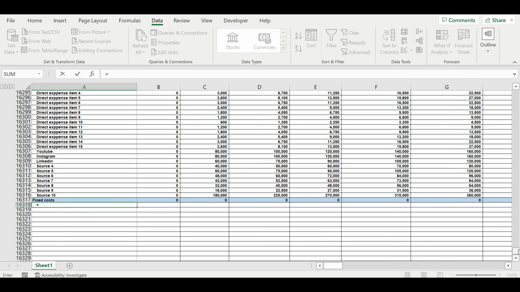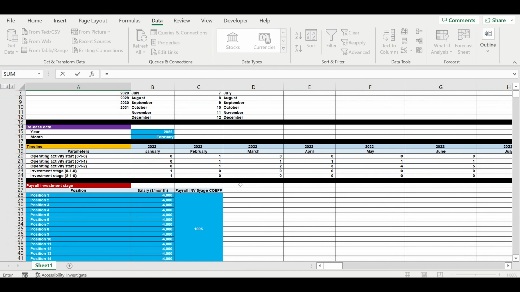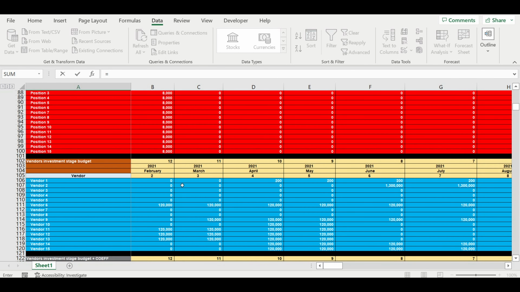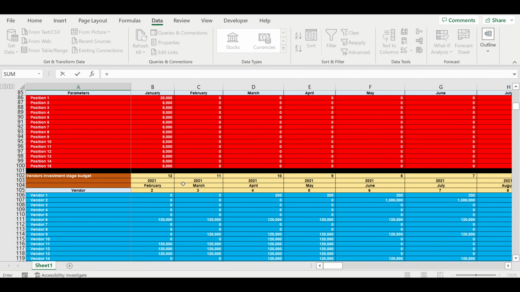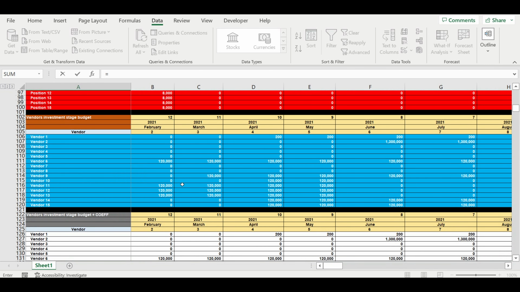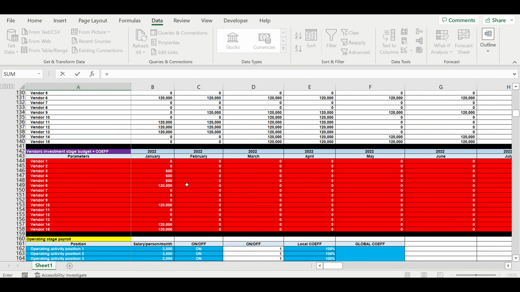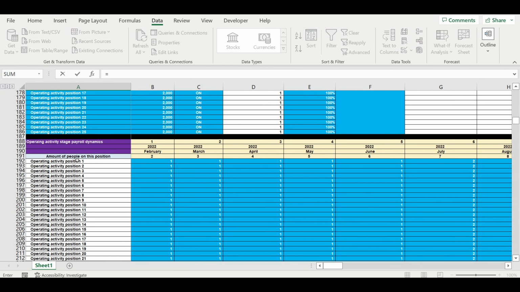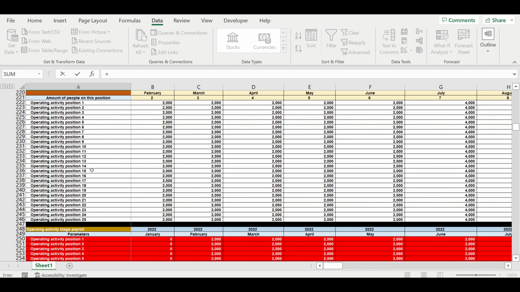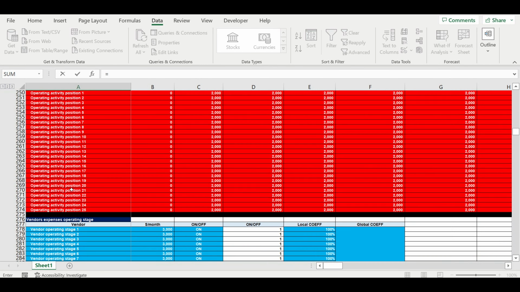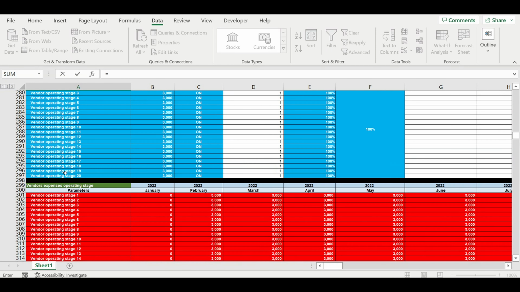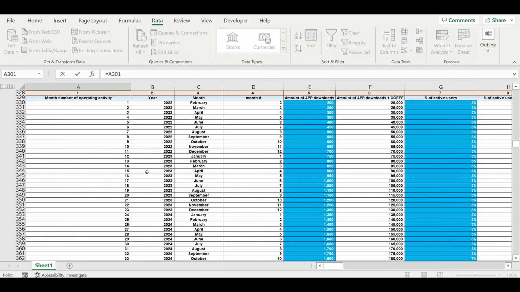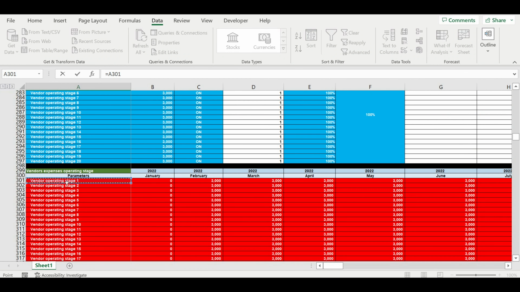So now we are going back to the top, and investment stage is an investment stage. Then vendors investment stage, operating activity stage, this payroll, and here we have operating activity stage vendor expense, operating stage. These are fixed costs for the operating stage.